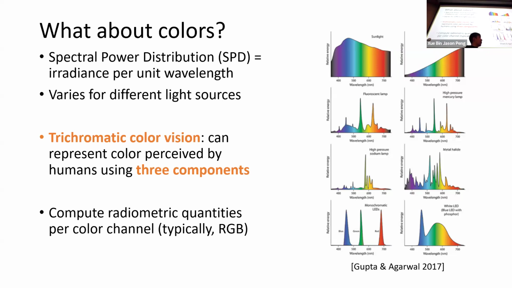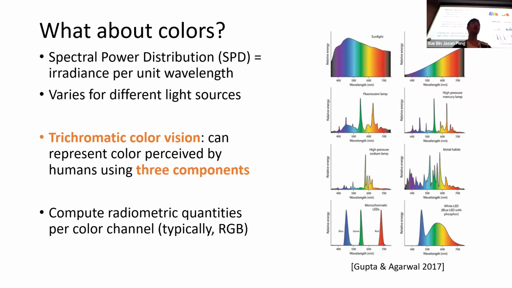Instead of trying to model the full distribution of light of all different wavelengths, we only have to model how much red, green, and blue light is being emitted and reflected by objects in the scene.